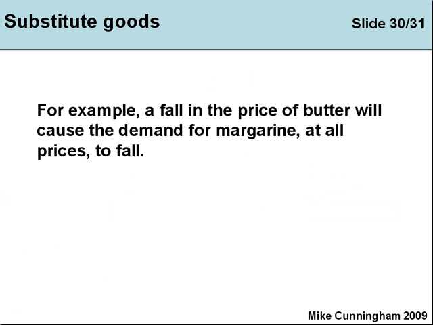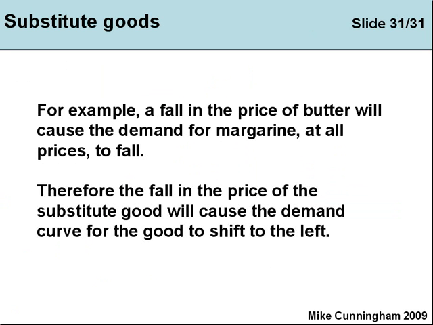But if more butter is sold, that means less margarine will be sold. Therefore, a fall in the price of the substitute good will cause the demand curve for the good to shift to the left.